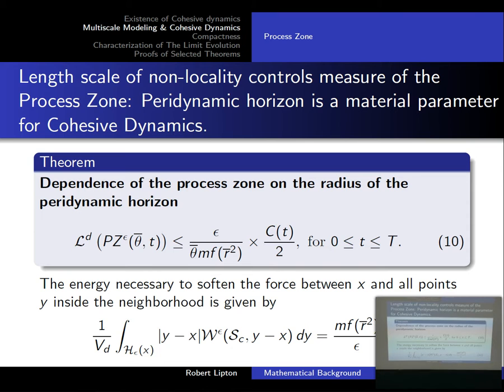That's the strength of the bond. So F bar, I'll just draw that again. Essentially this value here, if I draw it like this, is the value R bar over square root of y minus x.